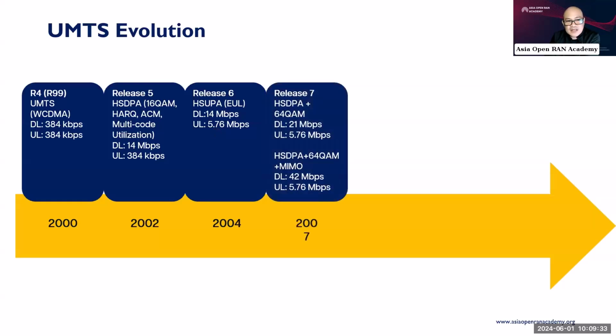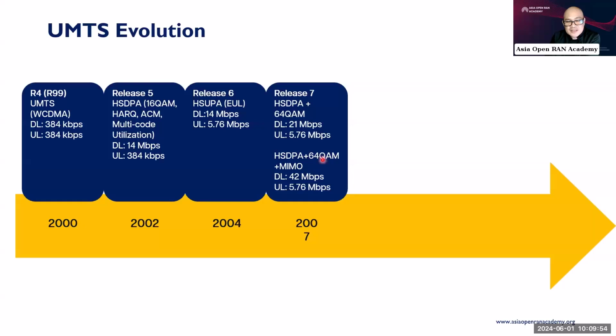Release 7 has a lot of improvement. It includes higher order modulation such as 64 QAM, which is 2 raised to 6, or 6 bits of data in one symbol. So the downlink improved from 14 mbps to 21 mbps, but the uplink is still 5.76.